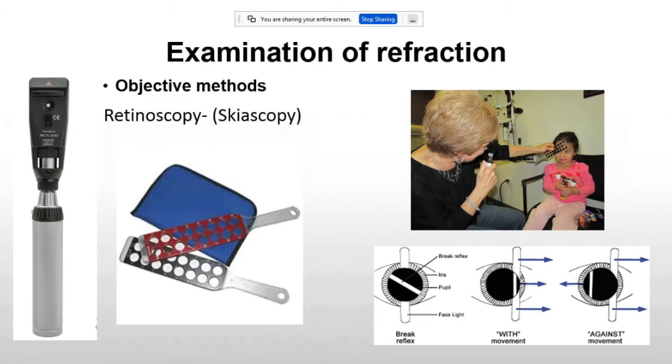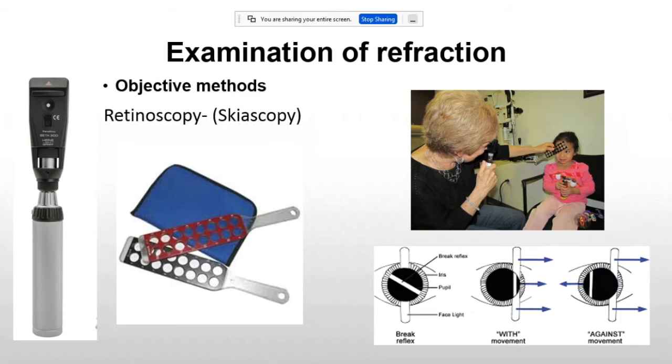If we have with movement of the shadow, we use the plus scale. And if we have against movement, we use the minus scale until we neutralize this shadow. Neutralization means the way the shadow moves with the movement of the skiascope; all of a sudden, it just breaks from the middle.